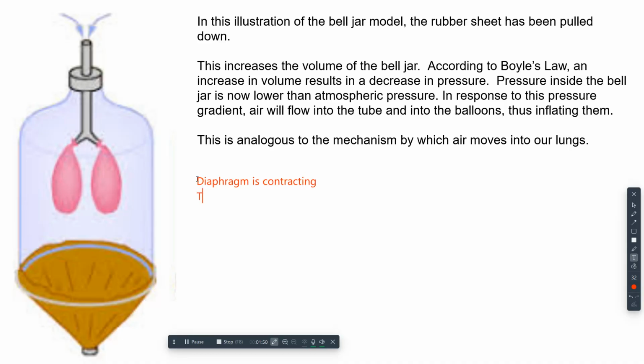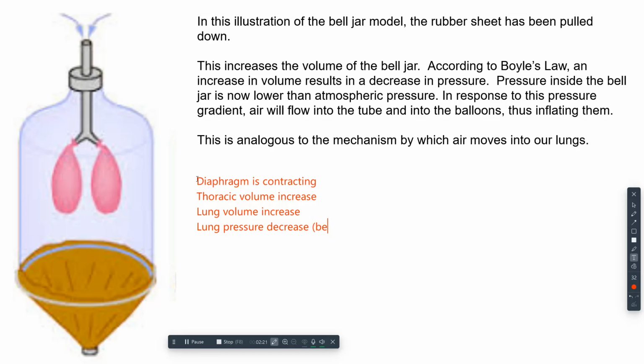And what that's going to do is increase thoracic volume. Thoracic volume being the volume in the entire bell jar. And if you increase thoracic volume, you're also going to increase lung volume. And according to Boyle's law, if you increase lung volume, lung pressure is going to decrease.